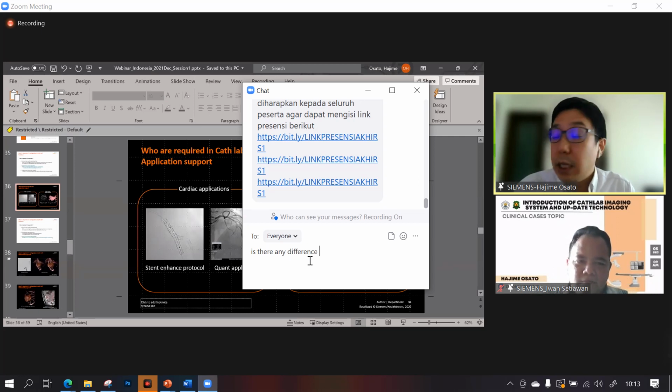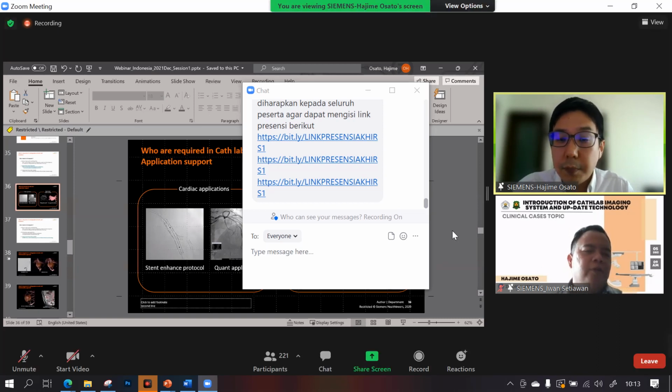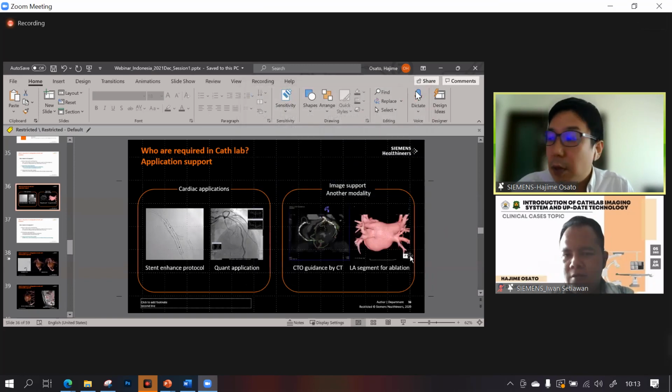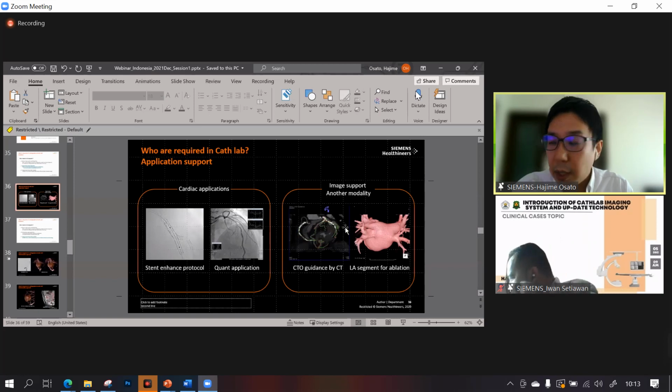So a 3D workstation is required. If you have the 3D workstation called X Workplace, please confirm the option and so on. Maybe all the Artis Zee lineup works like this.